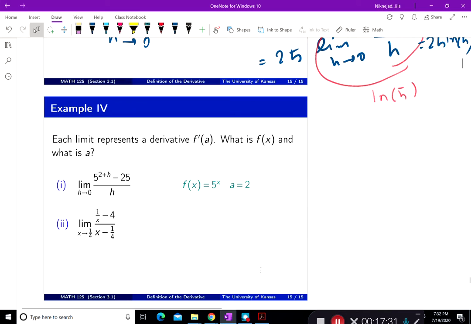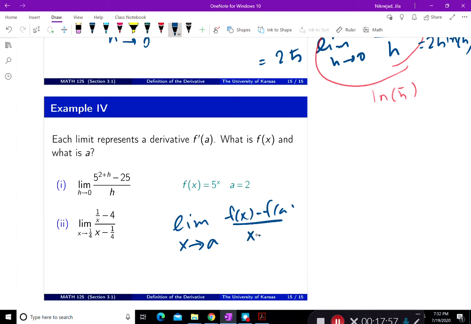Now, what about this limit, part 2? Limit as x approaches 1/4 of 1 over x minus 4, divided by x minus 1/4. Looking at this, the denominator looks like x minus a, so I think this formula is used: the limit as x approaches a of f of x minus f of a over x minus a.